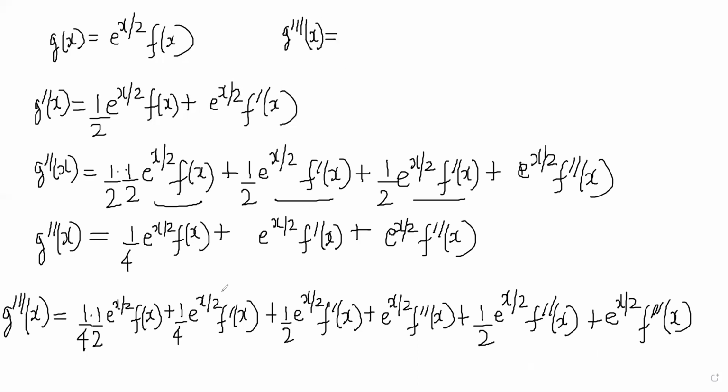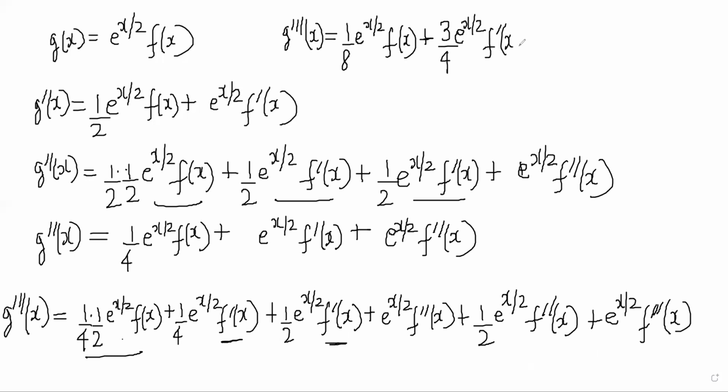I'll write it properly here. g triple dash x is equal to, let's collect all the terms of common types. This term is alone, so it is 1 by 8 e^(x/2) f(x). Plus single derivative terms: 1 by 4 plus 1 by 2, that is 3 by 4 e^(x/2) f dash x.